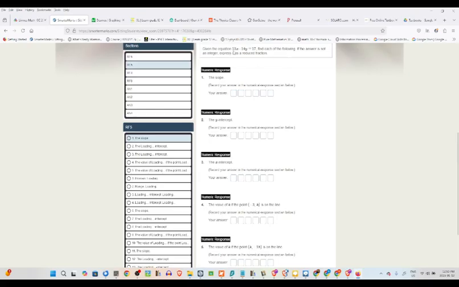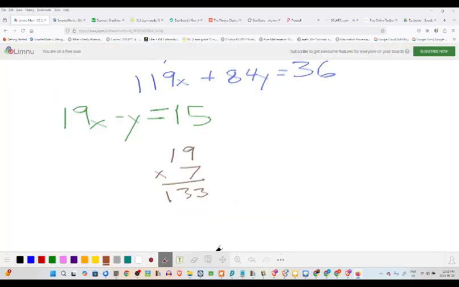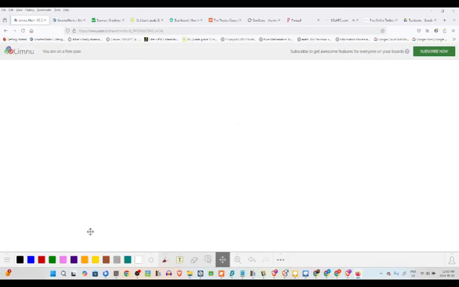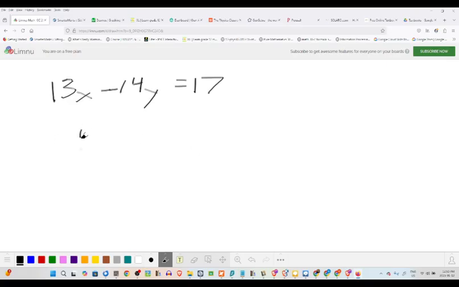So here we have 13x minus 14y equals 17. We need the slope. So 13x minus 14y is 17. That tells us that 14y is a negative 13x plus 17.